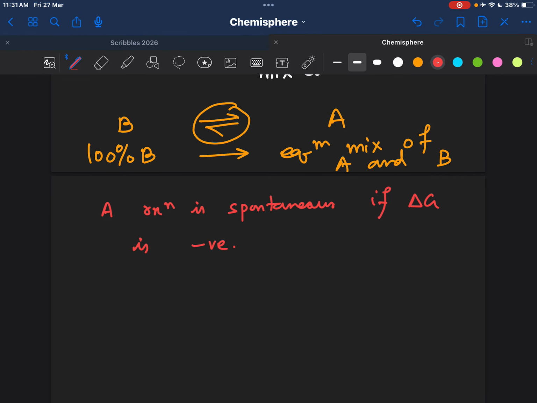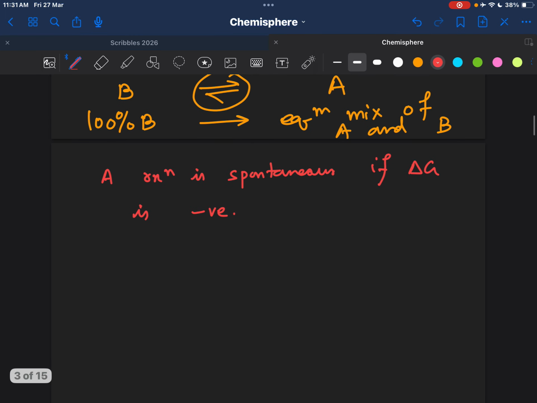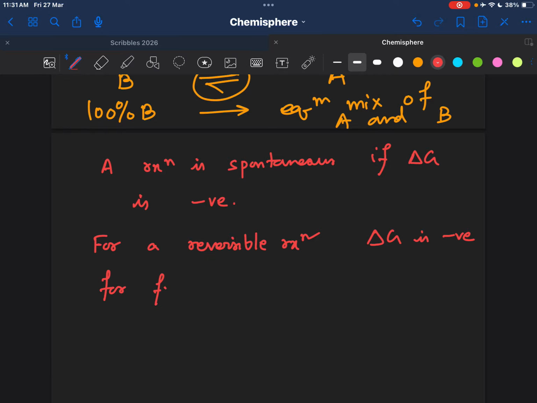Therefore delta G is negative for forward as well as backward reaction. We'll see how. How is it possible?